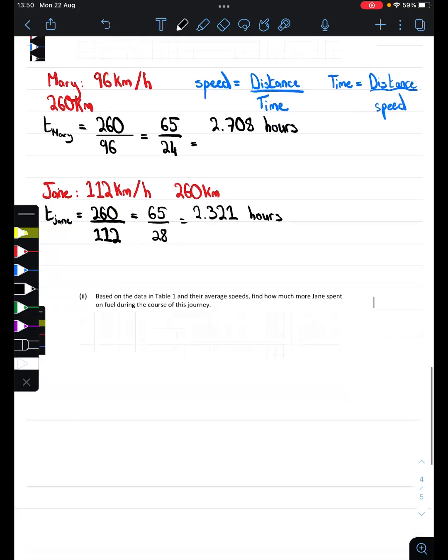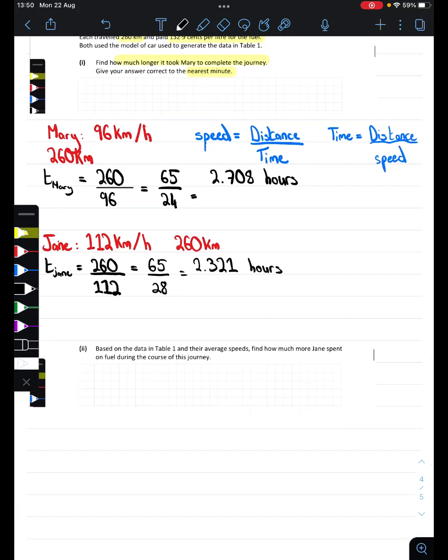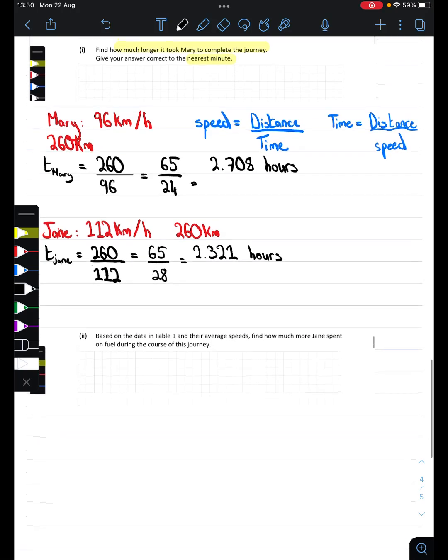Okay, so if we look at the difference between their times, so it obviously took Mary longer, she was traveling slower, but how much longer did it take? Well, Mary's time minus Jane's time equals 0.387 hours.